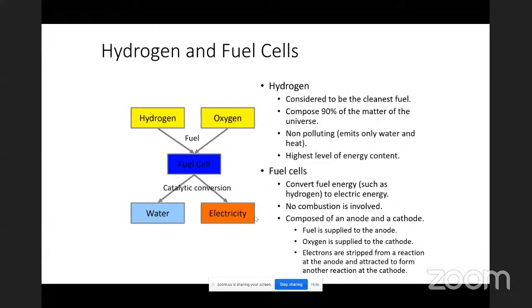Like we've already discussed, it is also non-polluting and has a very high level of energy. So this is considered the future energy resource for humankind. You can definitely read a lot about hydrogen cells. These are very important and innovative things.